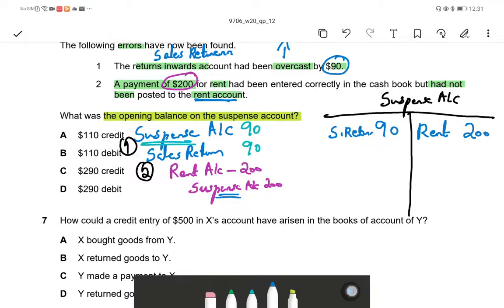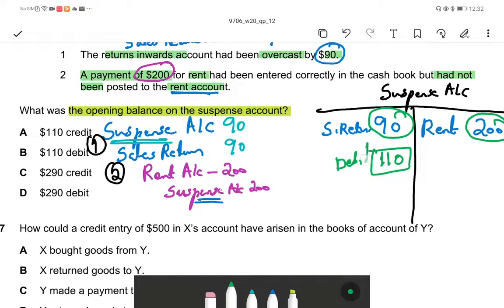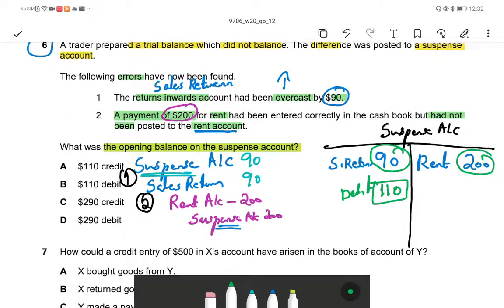The opening balance will be the difference between these two. 200 is on the credit side, 90 is on the debit side, so the difference comes on the debit side, 110. So the correct option is B, 110 debit.